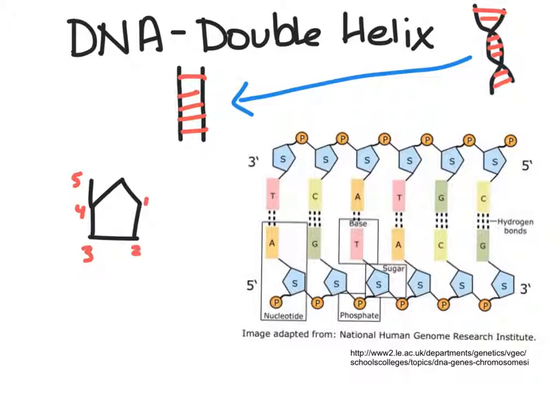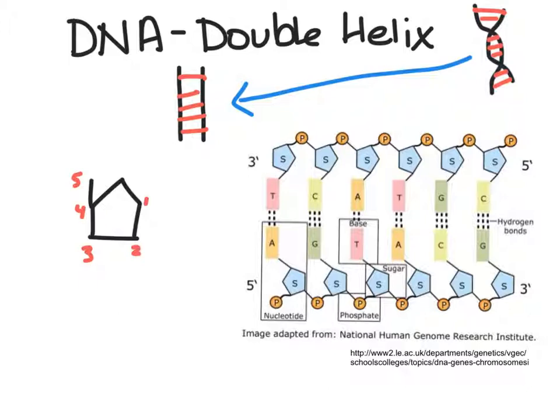Here we have a very simplified version of the DNA molecule that is using the very simplistic abbreviations for the sugars, phosphates, and bases. Here we see one of the nucleotides, and we have our phosphate, our pentose sugar, and our nitrogenous base. We see that this one has 1, 2, 3, 4, 5, 6 nucleotides on each side.